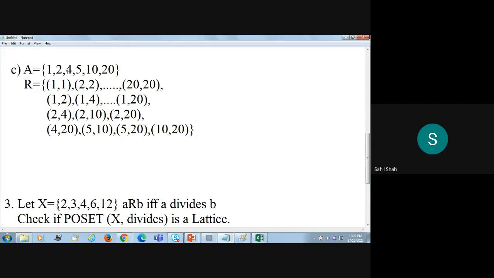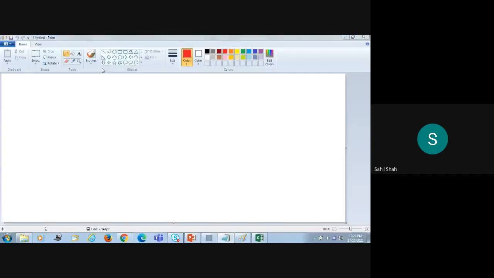There is no comparison between 4 and 5. 10 should be placed above 5. 20 should be placed above 10. So at the bottommost, I am going to have 1. Above 1, I should have 2. Above 2, I should have 4.